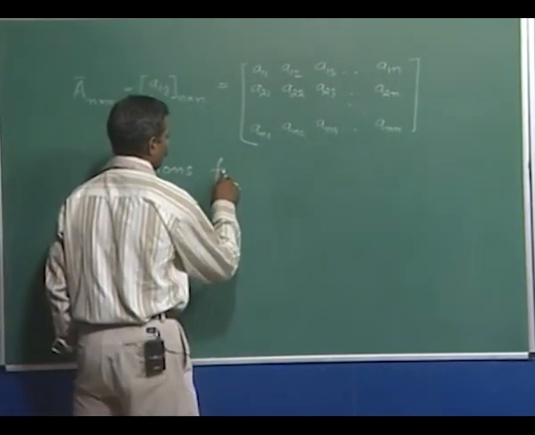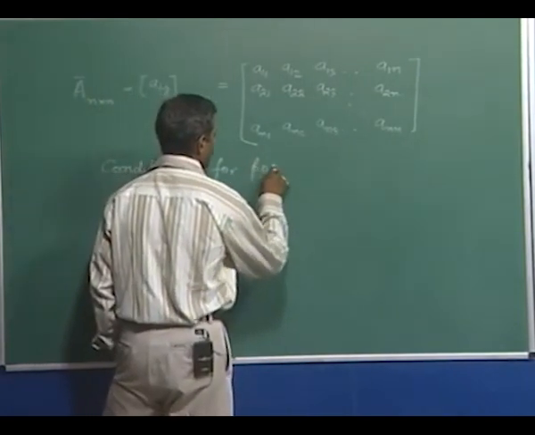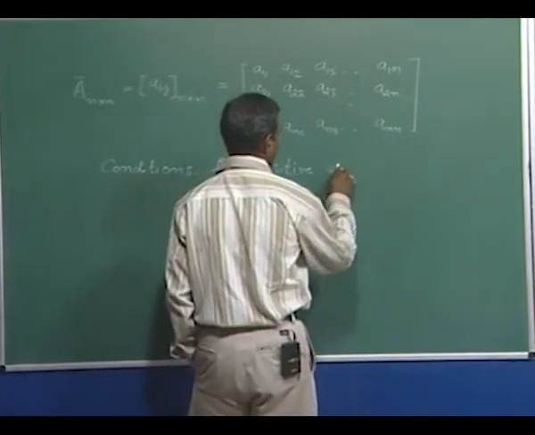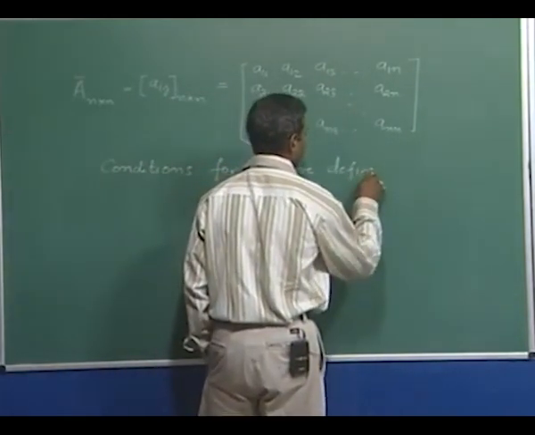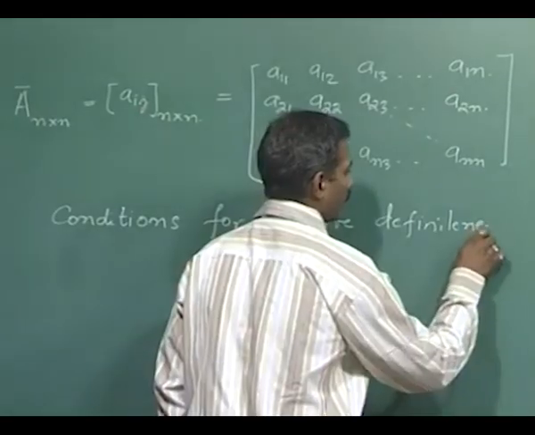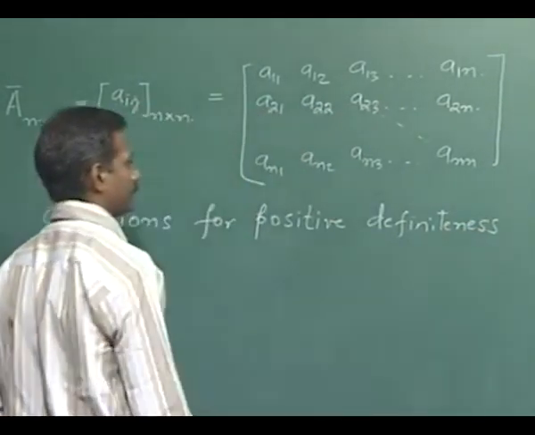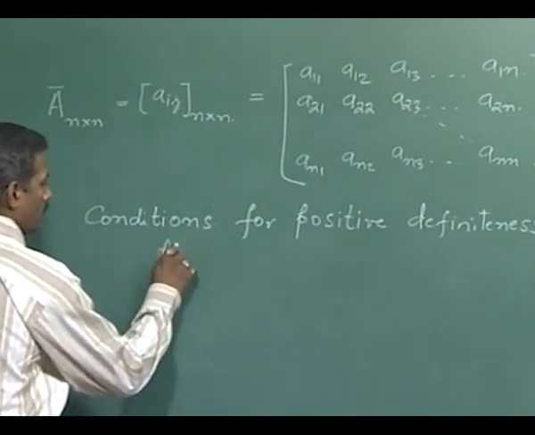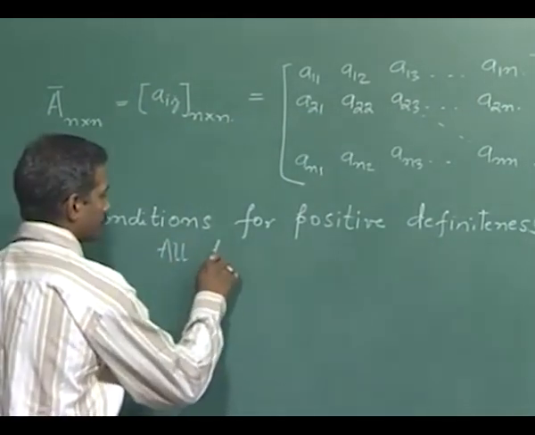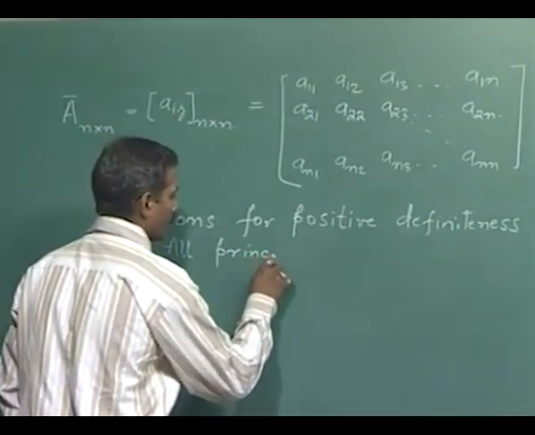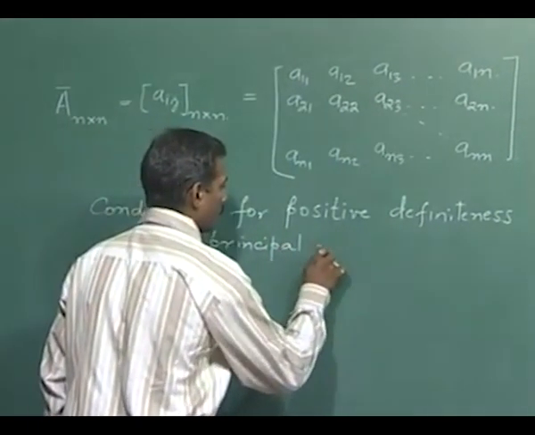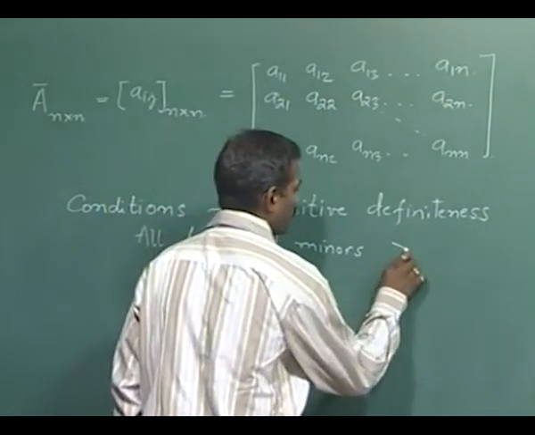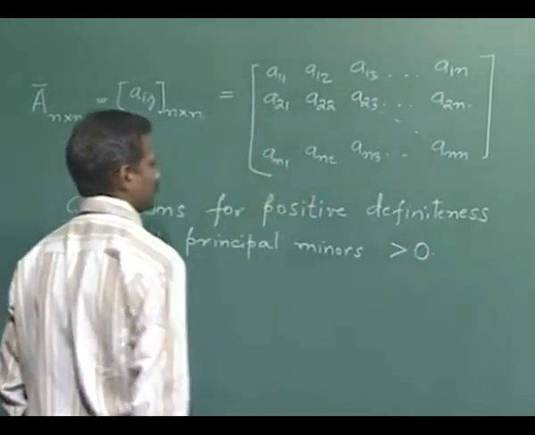Conditions for positive definiteness: all principal minors have to be greater than 0.